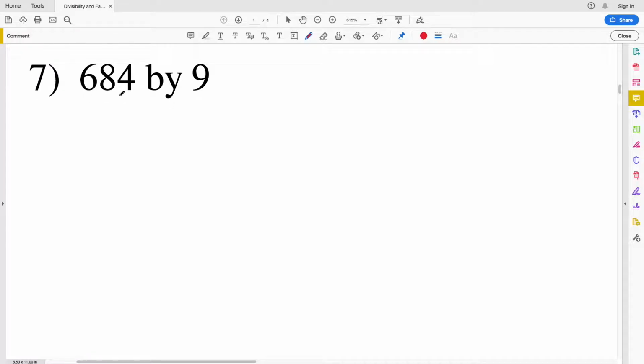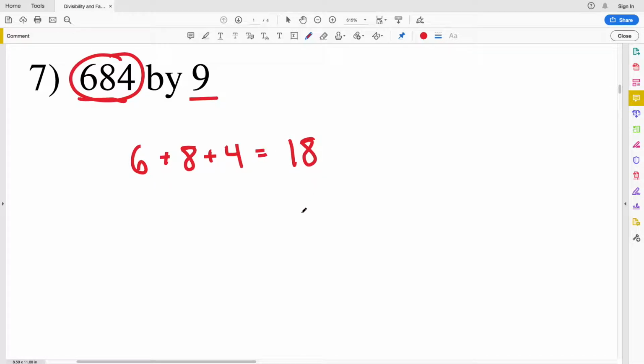Now 7, we got asked a new question. Is 684 divisible by 9? Now, in order for a number to be divisible by 9, the sum of the digits also has to be divisible by 9. So we'll add 6 to 8 and 4. 6 plus 8 is 14, and 14 plus 4 is 18.